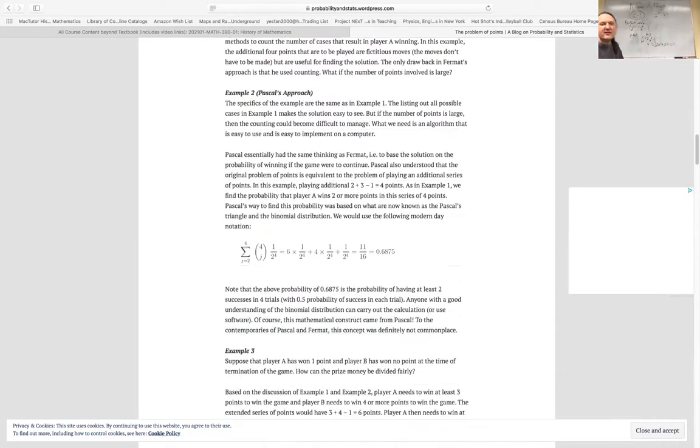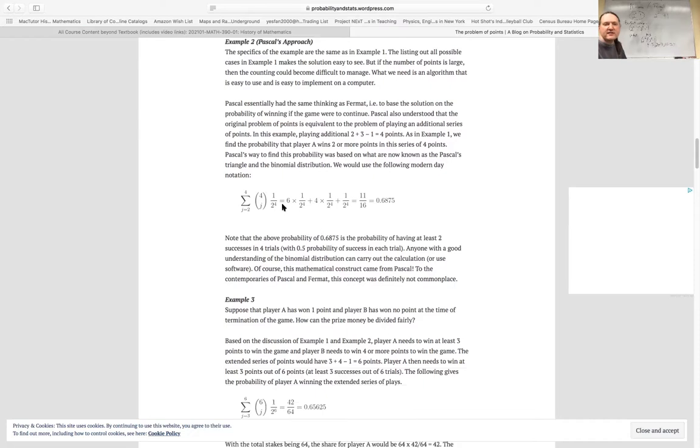And Pascal said, well, that's great, but we shouldn't have to list out all the possibilities. That's a bit tedious. He knows the probability of each of the possibilities is 1/2 to the 4th. And he knows a thing or two about binomial coefficients since he's Pascal and he does all this work on the triangle.